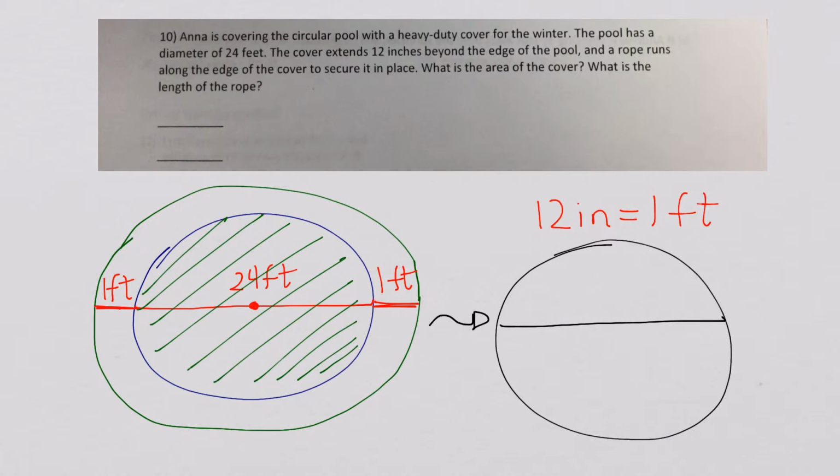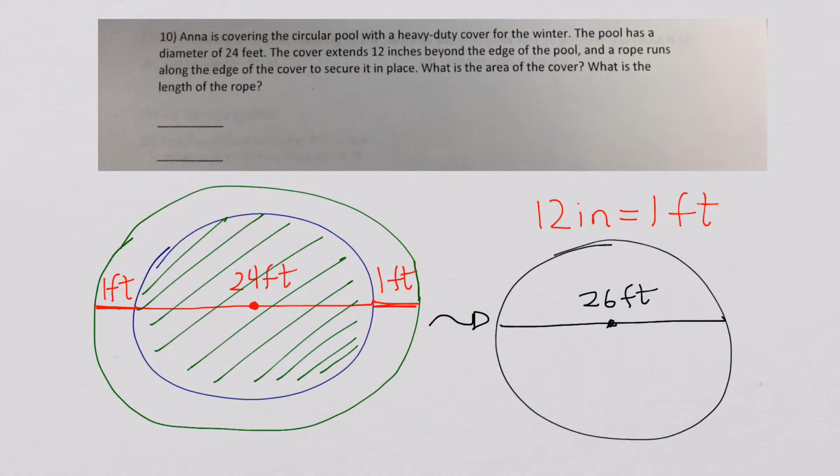If we have 1 foot, 24 feet, and 1 foot, added up, we're going to have a diameter of 26 feet for our combined circle. Now, with this, right, we are talking about our cover, because our cover covers the entire distance of the pool plus the parts that are outside of the pool.